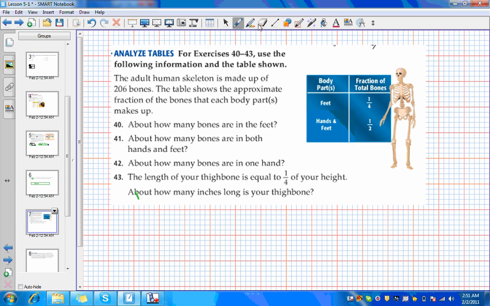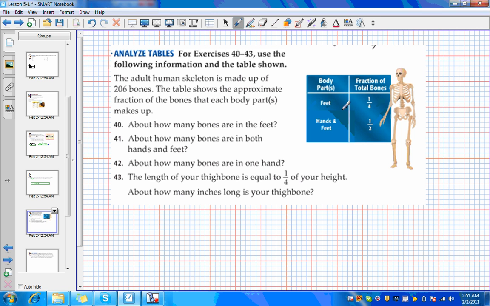Okay, so here is another situation. I'll just continue to use green. The adult human skeleton is made up of about 206 bones. The table shows the approximate fraction of the bones that each body part makes up.